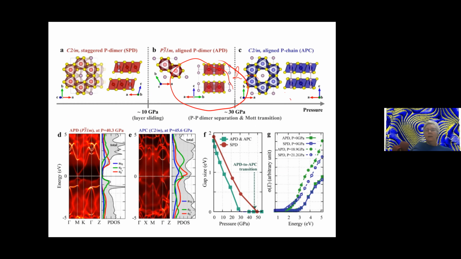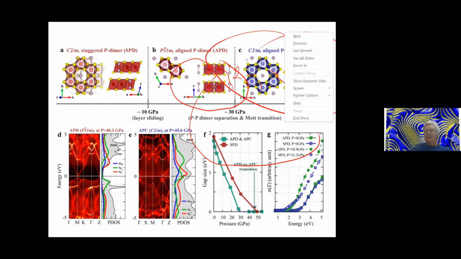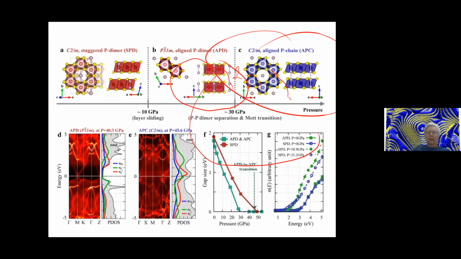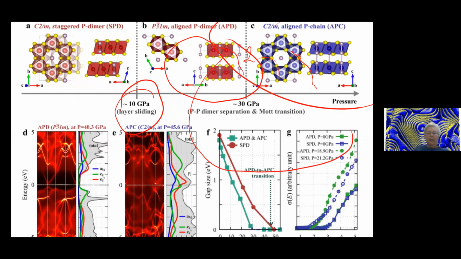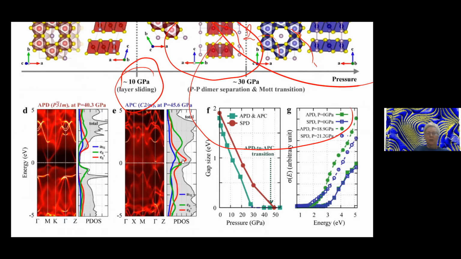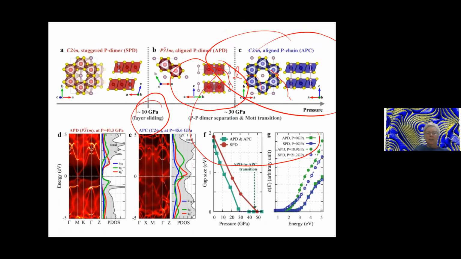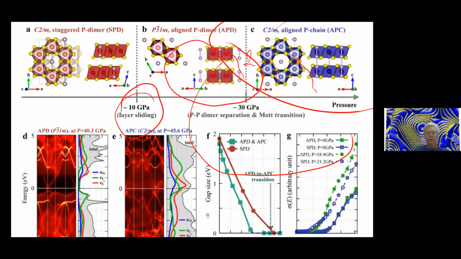And then at a higher pressure where the system goes metallic, we end up with aligned phosphorus chains. And there you can see that the gap closes. I've just enlarged this a little bit so you can see that there's a finite density of states at the Fermi level there. Okay.